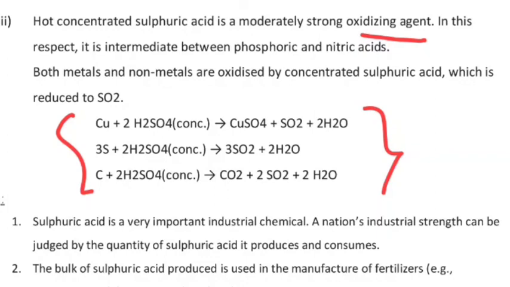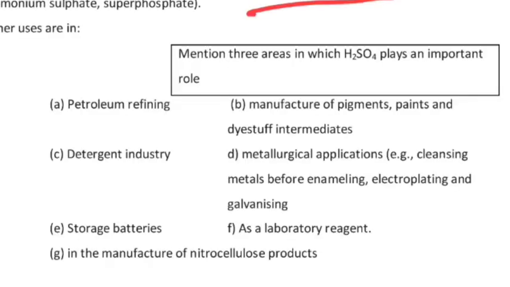Uses: sulfuric acid is a very important industrial chemical. It is mainly used in the manufacturing of fertilizers. It is used in petroleum refining industries.